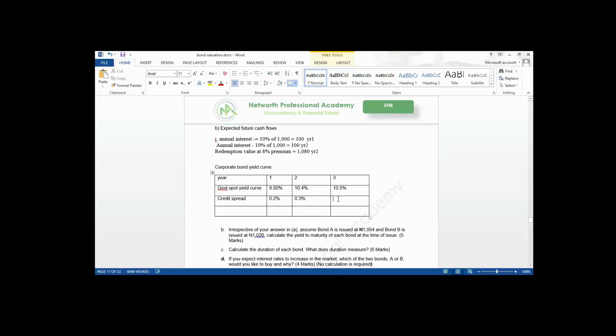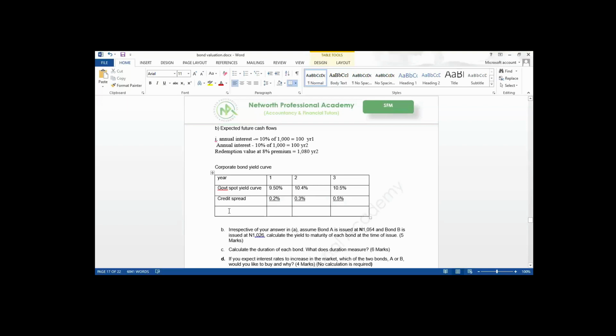This becomes 0.5%. You now add. Please add. What do you have? This will give you the corporate yield curve.